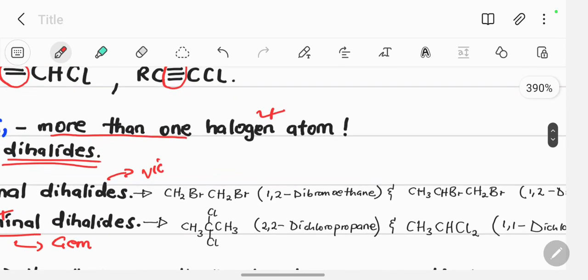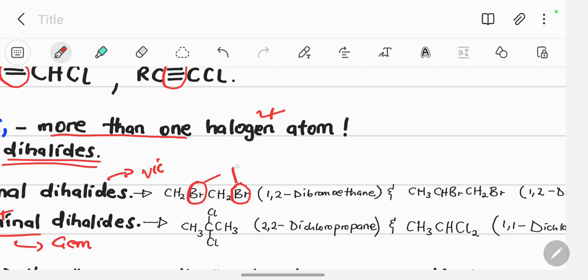Our 1,2-dibromoethane has two bromine atoms that are bonded to the two adjacent carbon atoms.